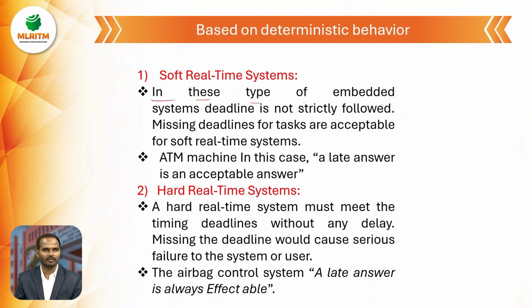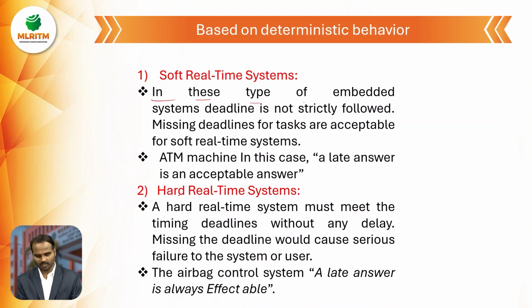If we want to withdraw cash from the ATM machine and an error occurs, that is not that much of a problem. If we lose a little bit of money or some disturbance occurs, it is not a big disturbance for us. The example is the ATM machine.